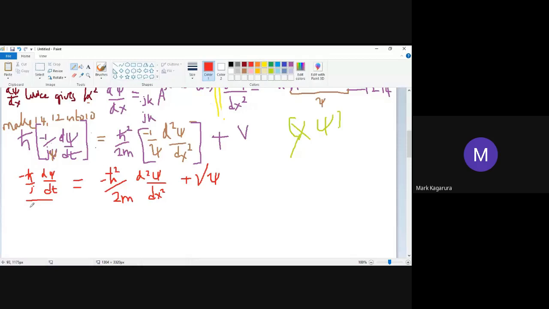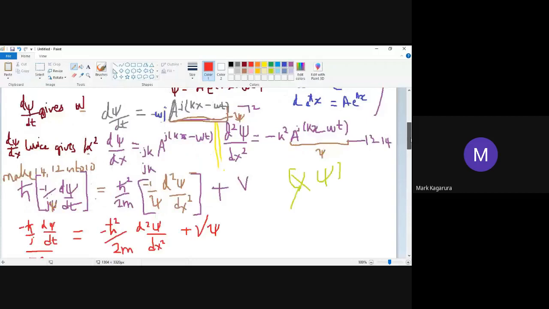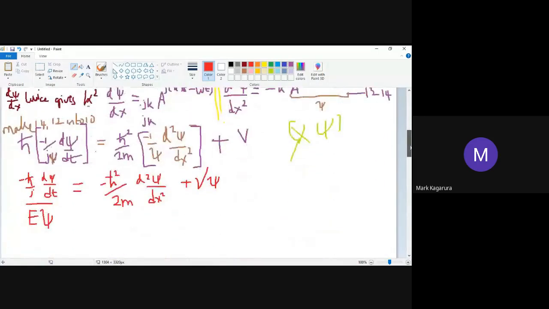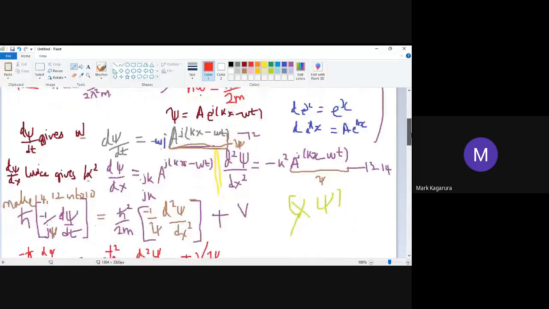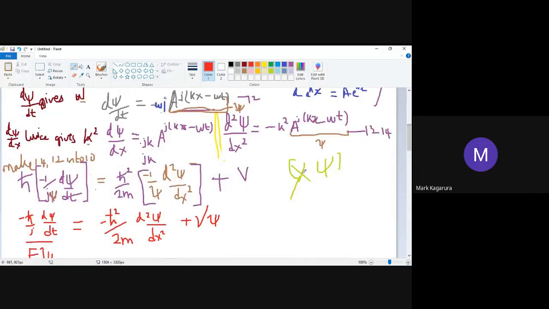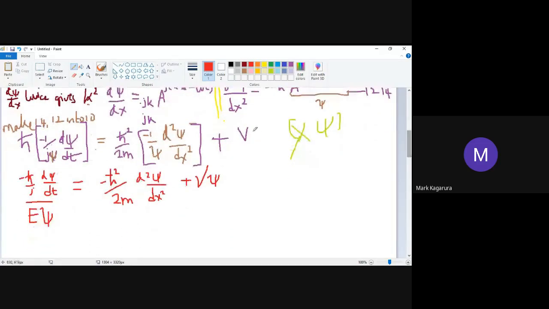So this term here is E psi, E times psi, because this was our E, which was h omega. So the only thing which changed was we multiplied through by psi. So this whole term is actually E psi.